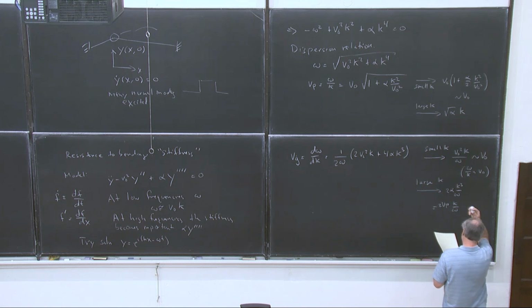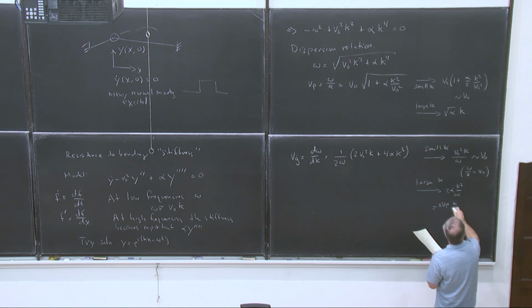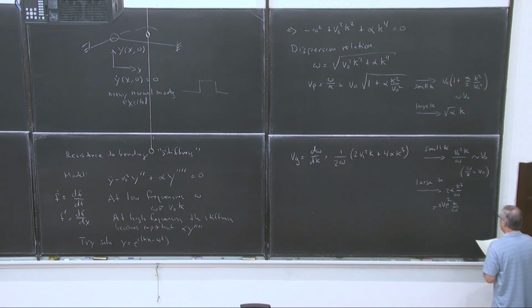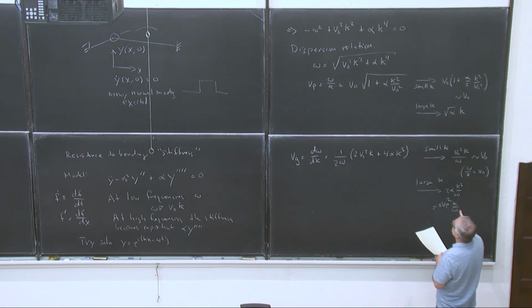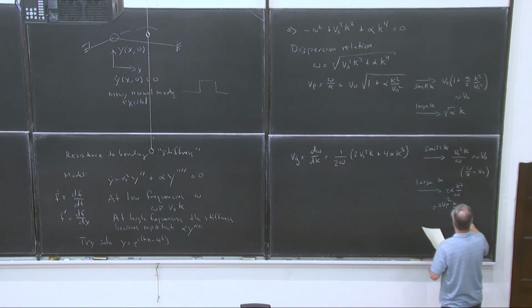Did I do that right? I'm sorry? v phase squared. Is that what you said? Yes. Okay. And k over omega is just 1 over v phase.